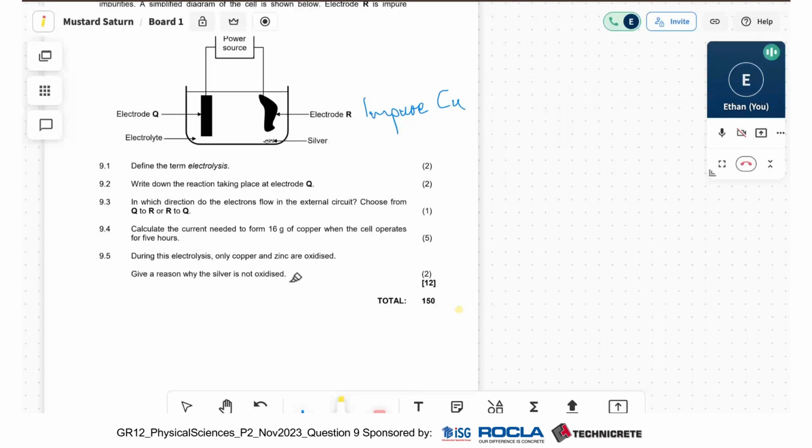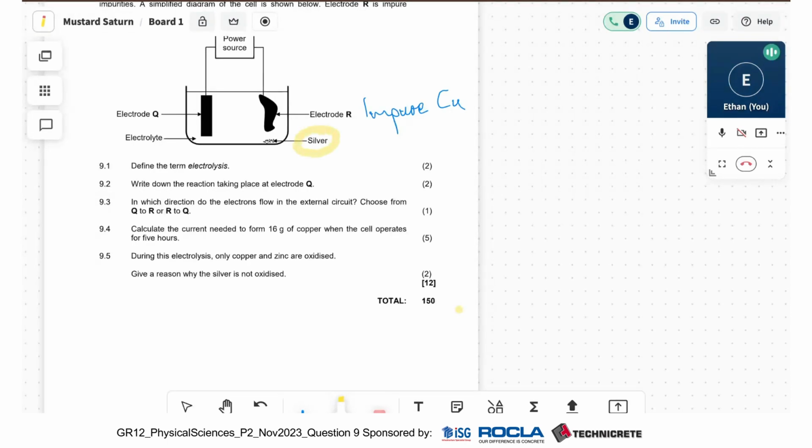Okay, moving on to 9.2. Write down the reaction taking place at electrode Q. Okay, so let's think about this for a second. Another clue that we didn't see is this.